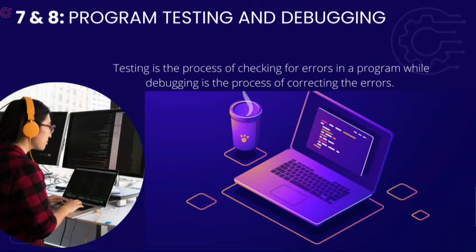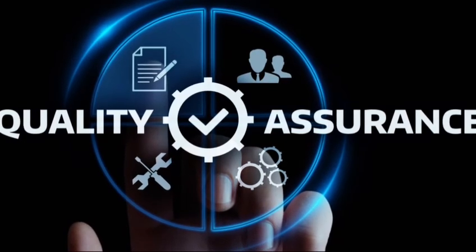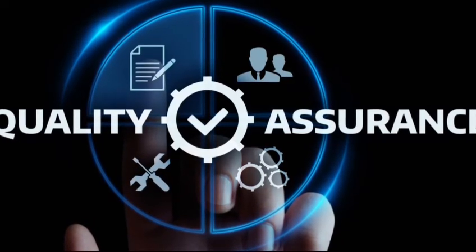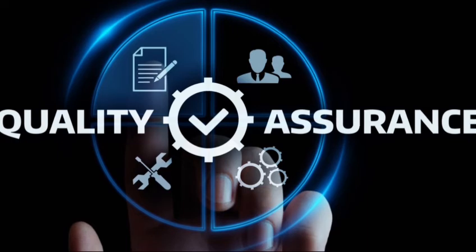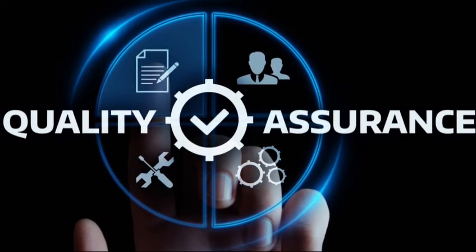When you talk about program testing, what comes to your mind is you are checking if there are errors in the program. And debugging is you are correcting the errors that you've checked. I come again. You are checking for errors in the program. That's testing. Then debugging is you are correcting the errors that you find.